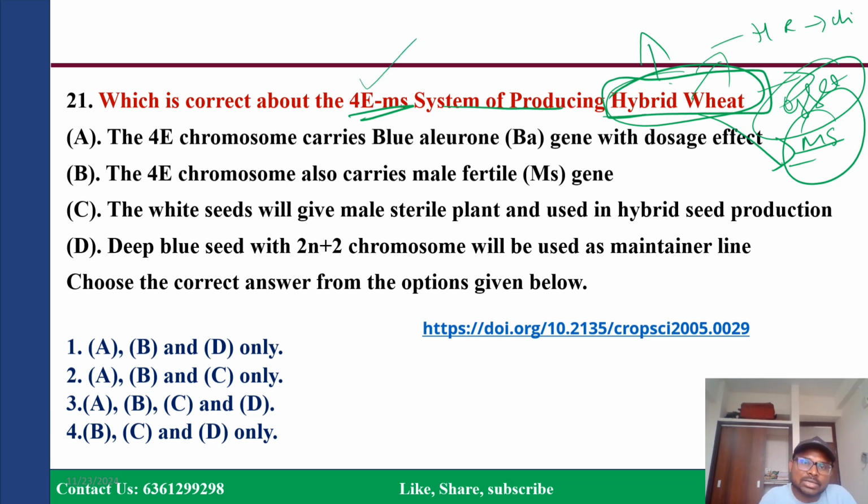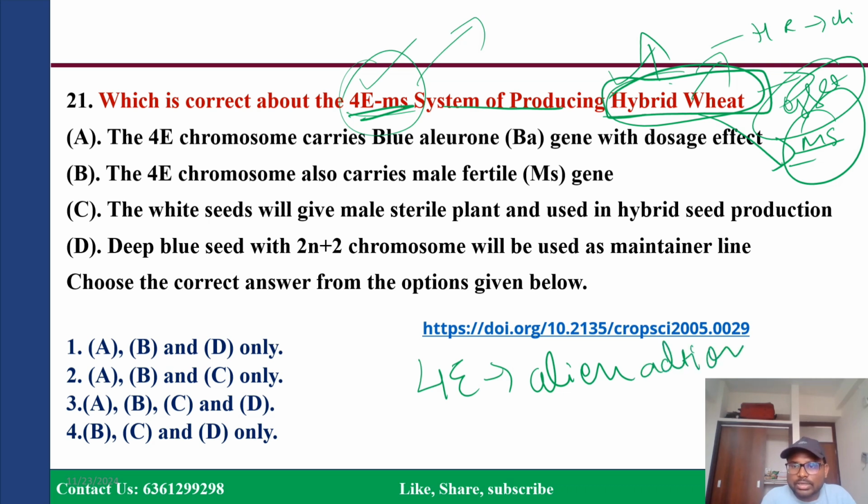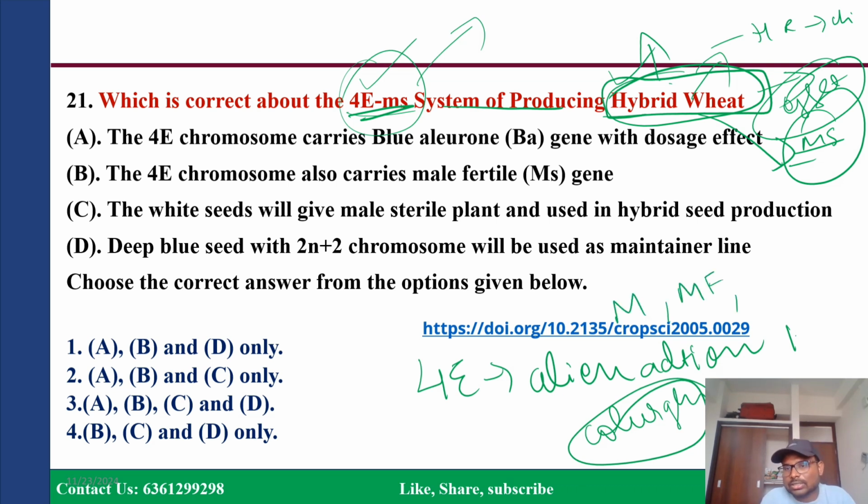There is one method, the 4EMS system, developed as an advanced technology for developing hybrid wheat. It's a male sterility system using a 4E alien addition line. It has some color genes. Based on the color, we designate the maintainer line, fertile line, and sterile line.